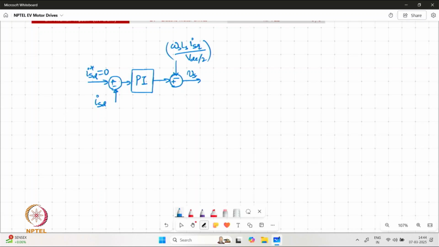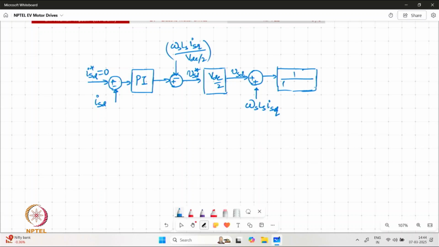Now the resultant reference signal VSD star is basically fed to the inverter model, which is given by VDC by 2, and VSD voltage is generated from the inverter, where we have the nonlinear component of the model and the linear part of the model, which is RL component, ultimately producing the current ISD, which is taken as feedback for the control action.